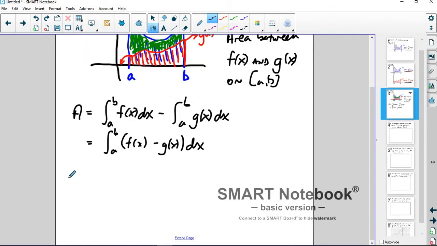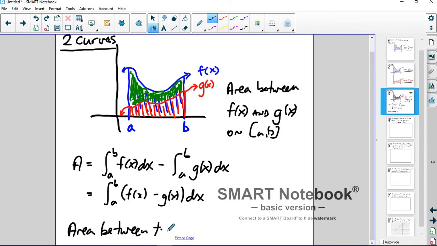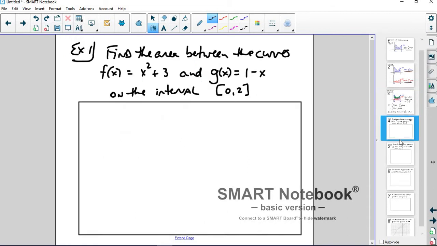If you want to think of it this way, the area between two curves is given by the integral of the top curve minus the bottom curve. We'll talk more about what that looks like in different scenarios in a little while, but that's basically it.